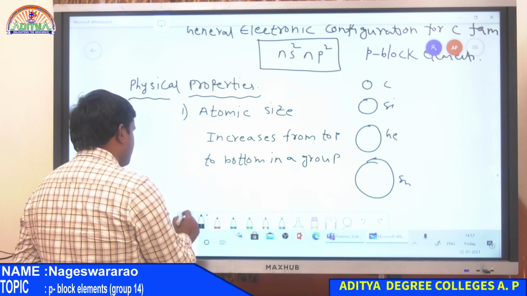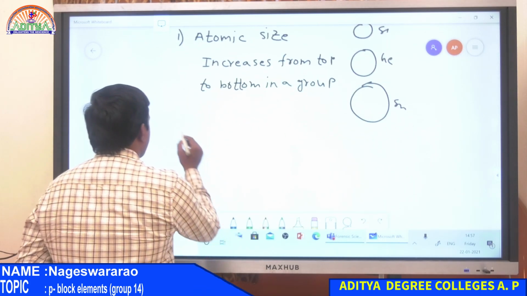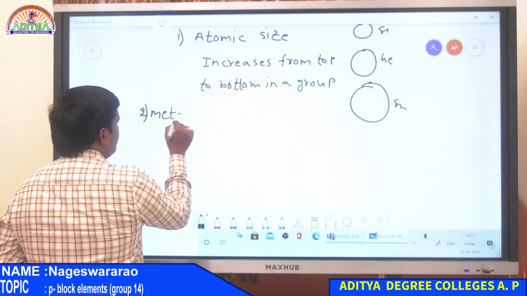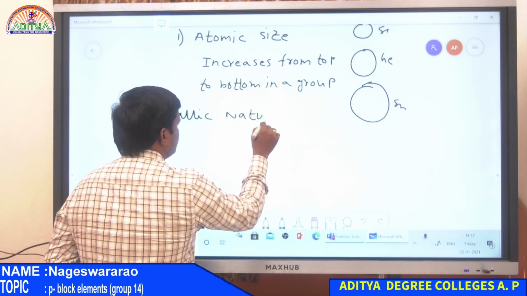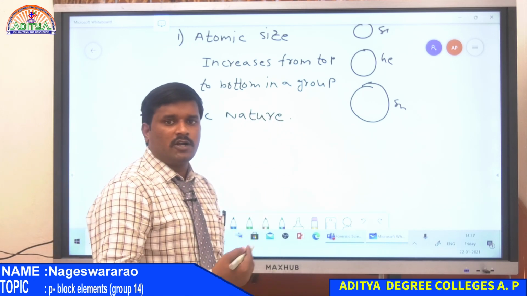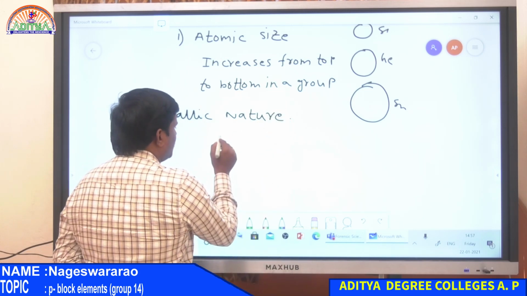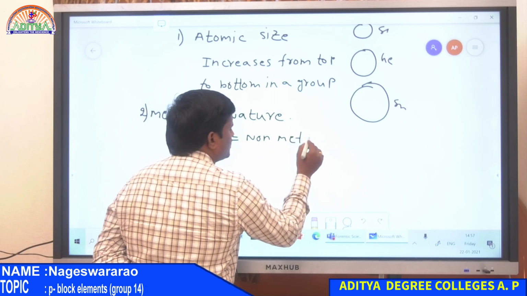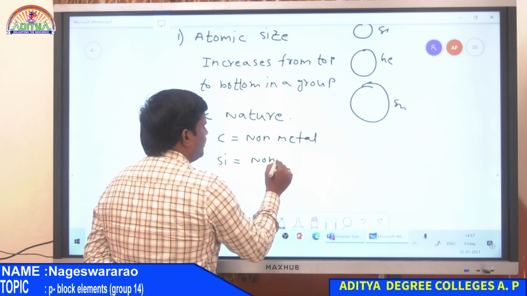And the second one is metallic nature. What happens to metallic nature from top to bottom in a group? Carbon is always a non-metal. Next, silicon is also a non-metal.